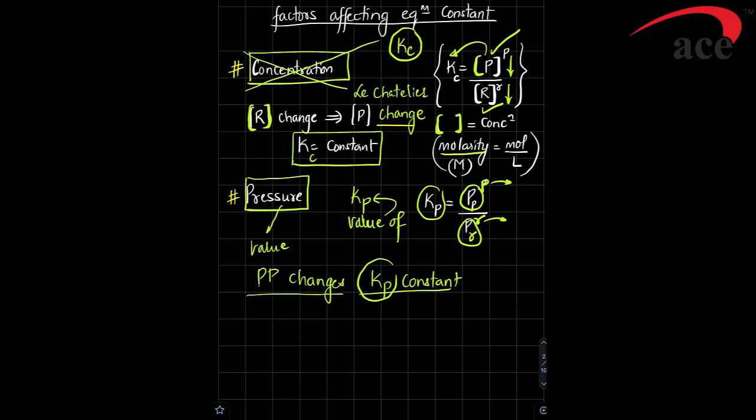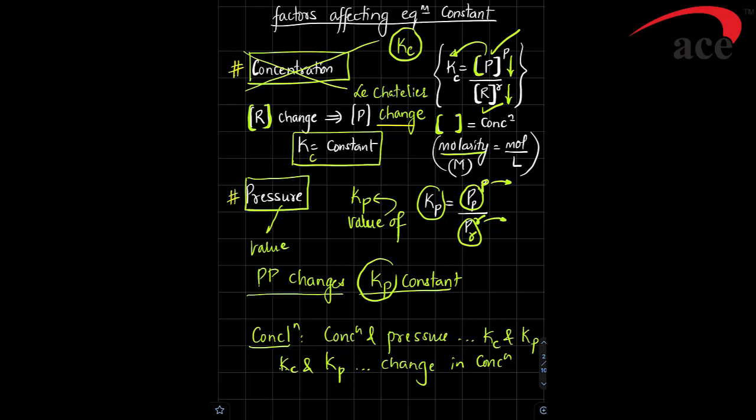So again, the conclusion for us: concentration and pressure decide the value of Kc and Kp, but Kc and Kp don't change with a change in concentration or pressure. So we say scientifically Kp and Kc are independent of concentration and pressure.